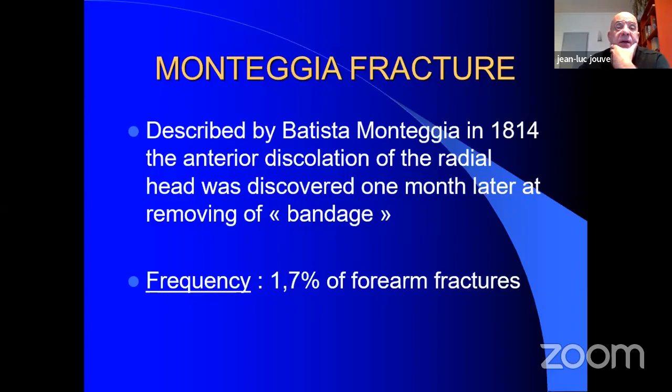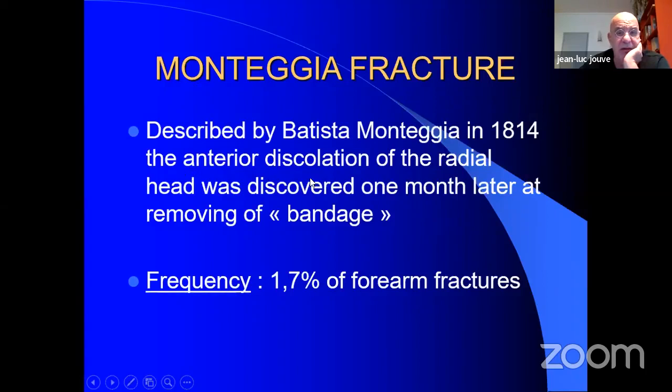Now we can see the Monteggia fracture. It's a very important chapter because there are often mistakes on these fractures in children. It was described by an Italian surgeon, Battista Monteggia, in 1814.